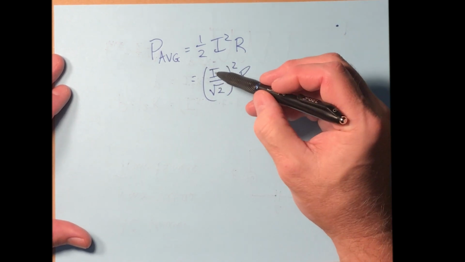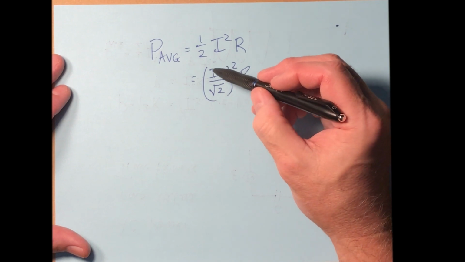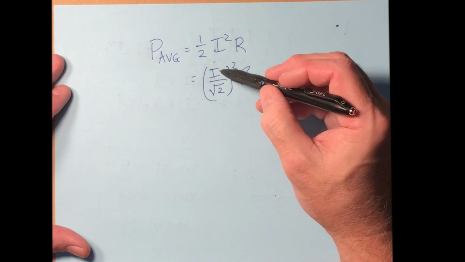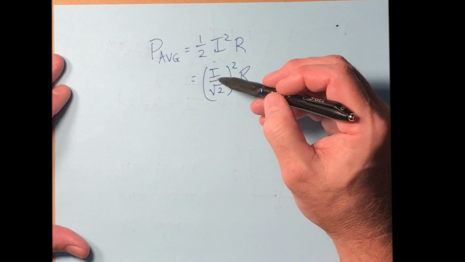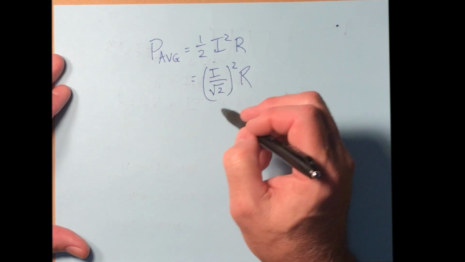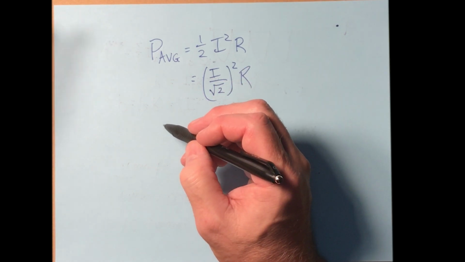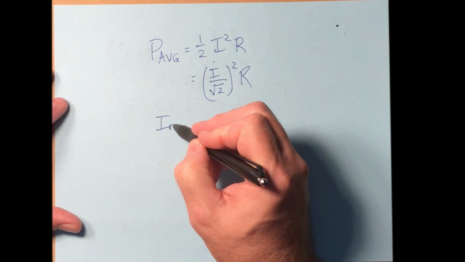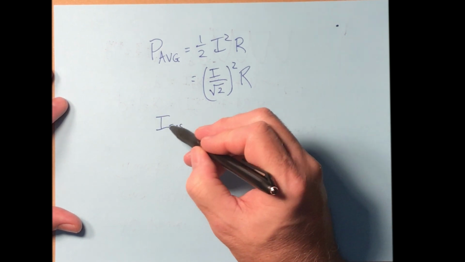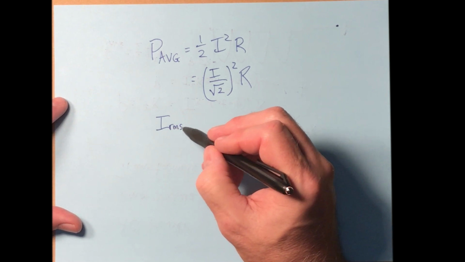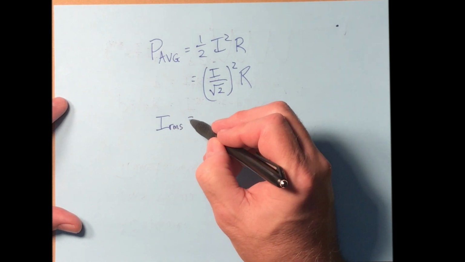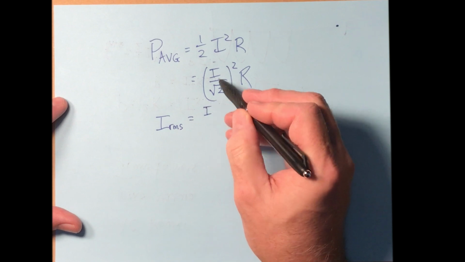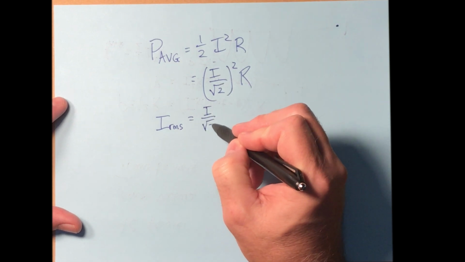What I've done here is I've created something called an RMS value. So this is an RMS value for current. So current itself, I RMS, that's kind of like an average value for current, is equal to capital I, that's the peak value, divided by square root of 2.